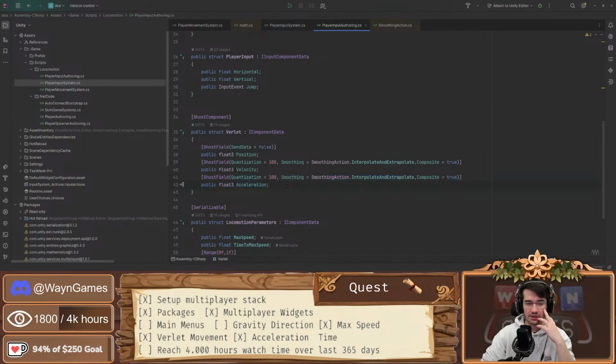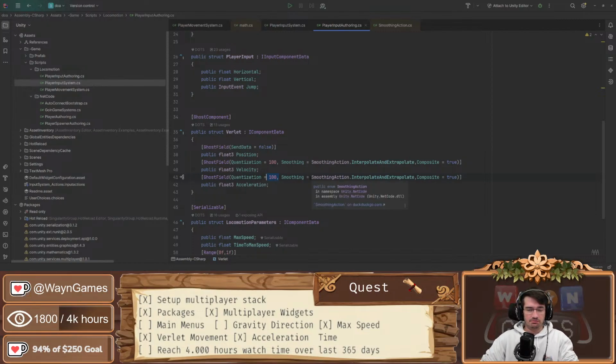That helped, and to not use too much bandwidth, I'm using the quantization that Unity provides, and basically instead of syncing the full precision of the float values, it will synchronize up to the second decimal, because I've put 100. So that should be a sufficient precision for me to simulate. And I've also put some smoothing using interpolate and extrapolate.